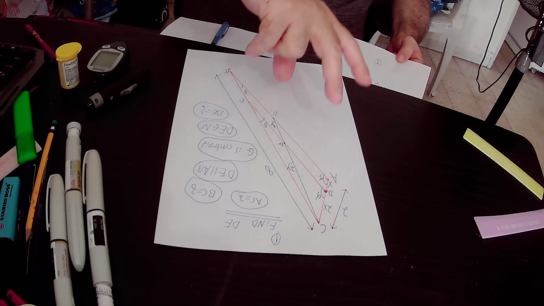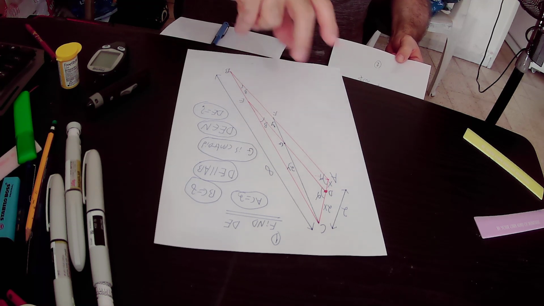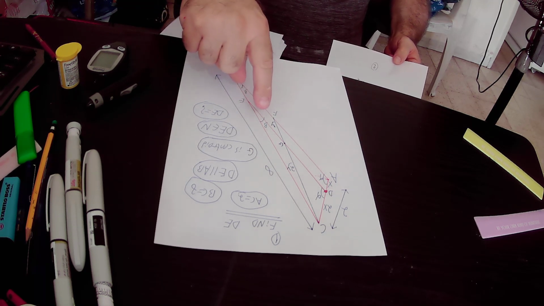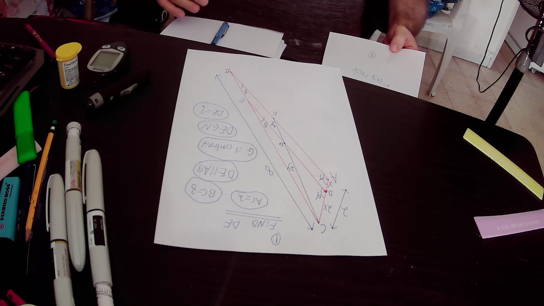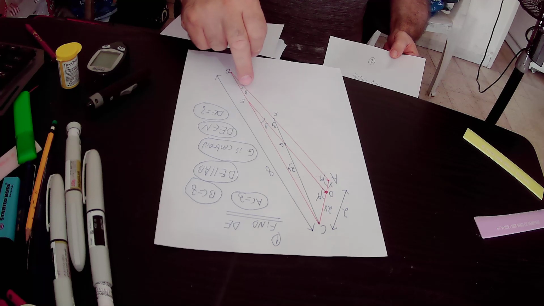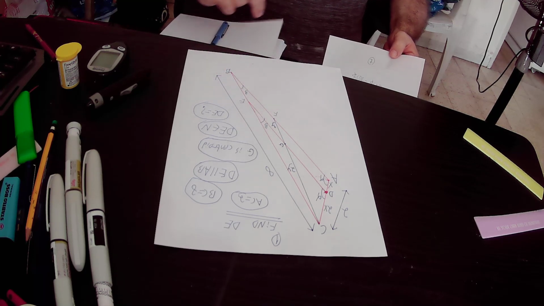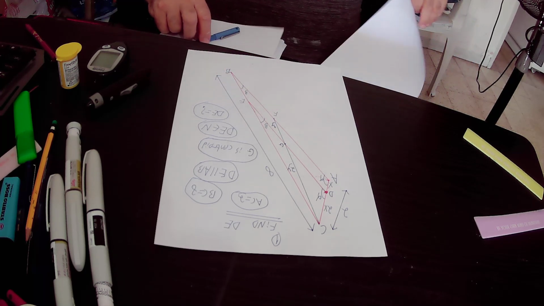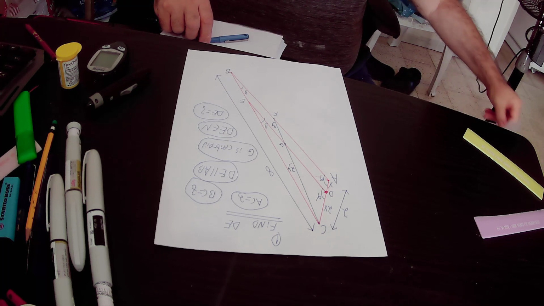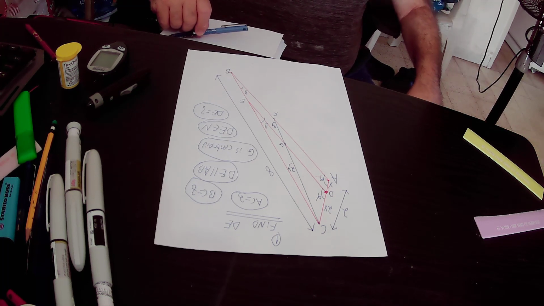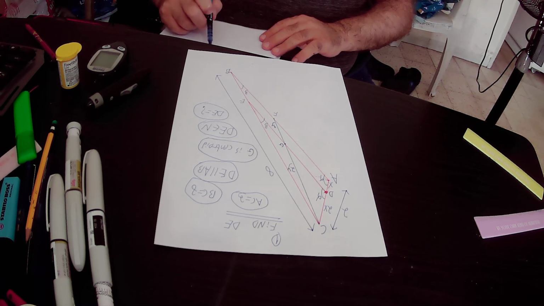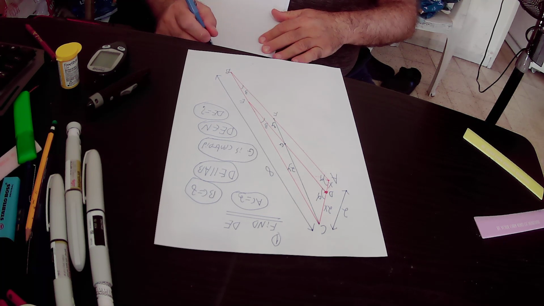Line segment DE is parallel to line segment AB, therefore those two corresponding angles will be also equal to each other. So if this angle is beta, this angle will be also equal to beta.